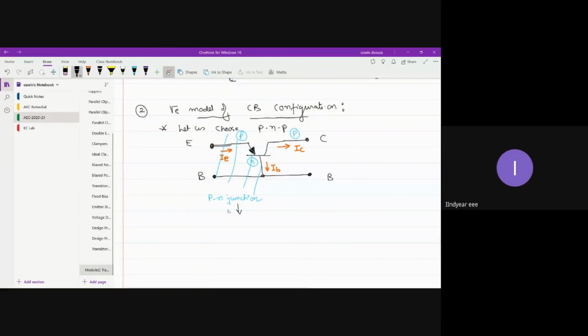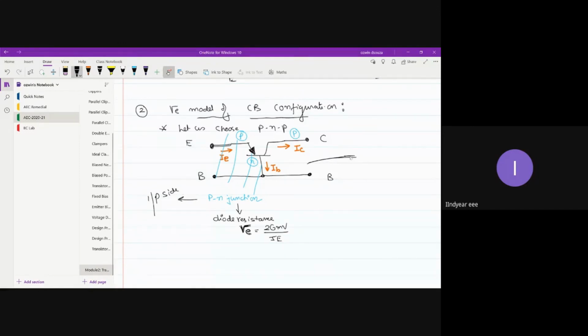When you have a PN junction, you can just replace it with diode resistance RE. Once again, RE is given as 26 millivolt divided by IE. This is the standard expression. You don't have to derive it; it can be easily fetched from the literature.